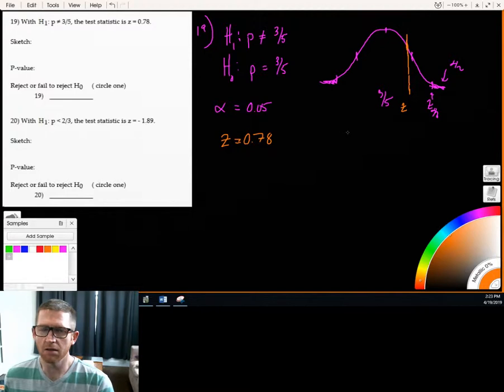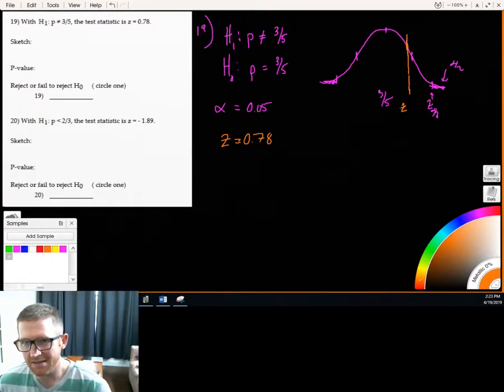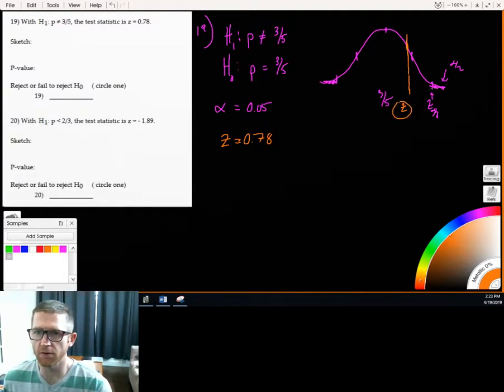And basically, the question is, is our test statistic within bounds of our critical area, or is it out of bounds? Does it lie in the critical area? Well, visually we can see no, it's within bounds, it's within normalcy, it's not beyond the critical value.